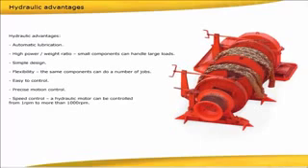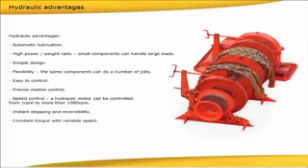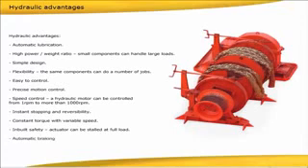A hydraulic motor can be controlled from 1 RPM to more than 1000 RPM. Instant stopping and reversibility, constant torque with variable speed, inbuilt safety, actuator can be stalled at full load, automatic braking, can be used in hazardous conditions.